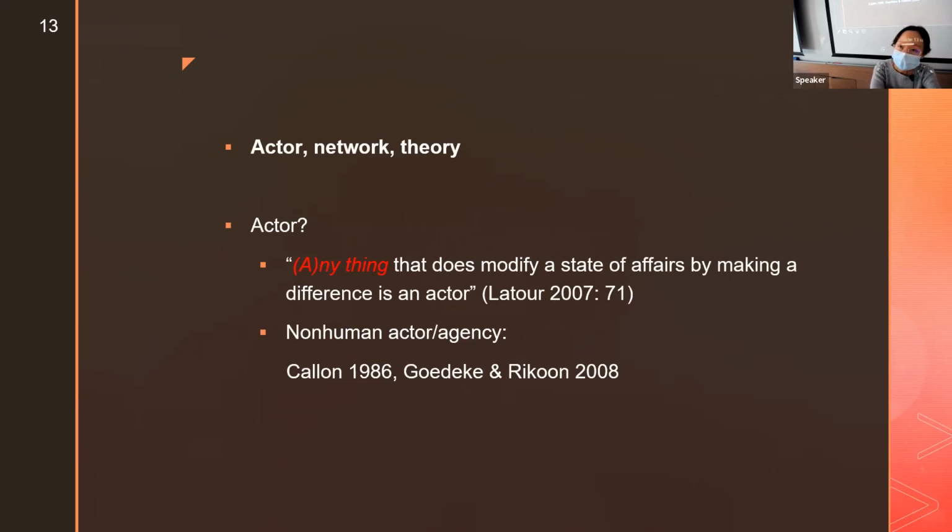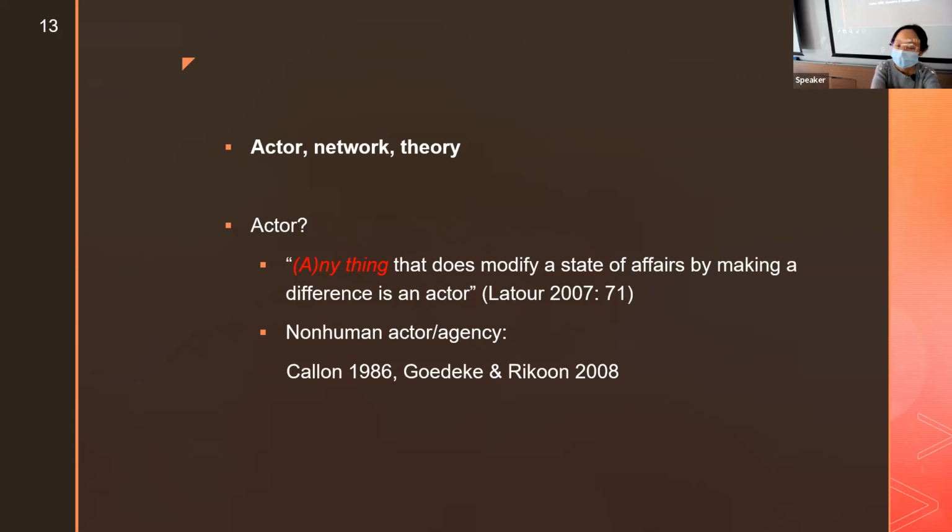So let's first look at actor. What is an actor? According to the definition of Latour, an actor is anything that does modify a state of affairs by making a difference. So what does it mean?